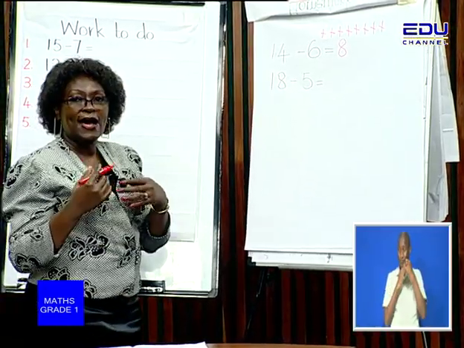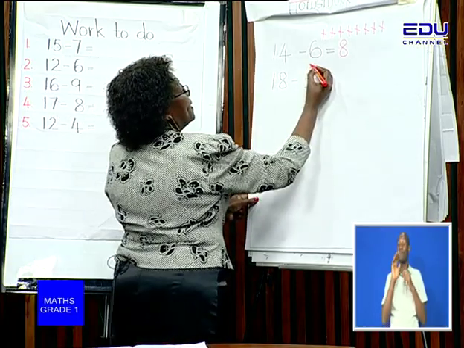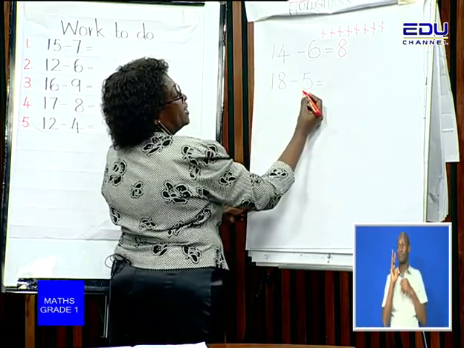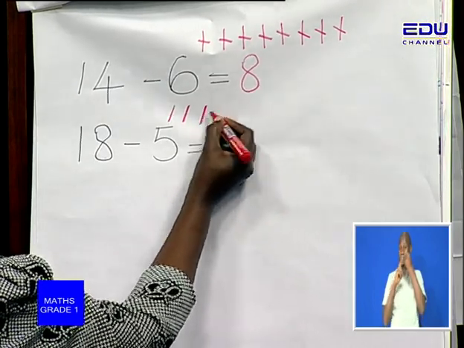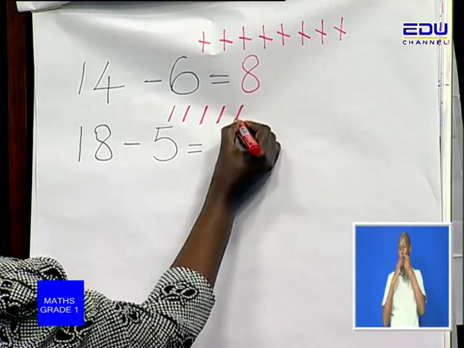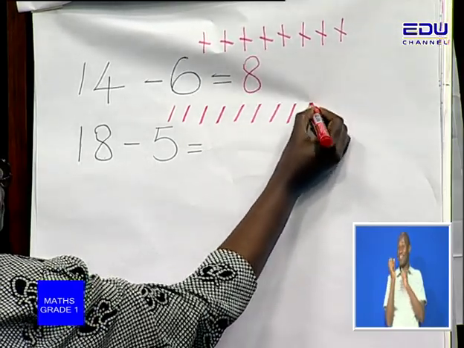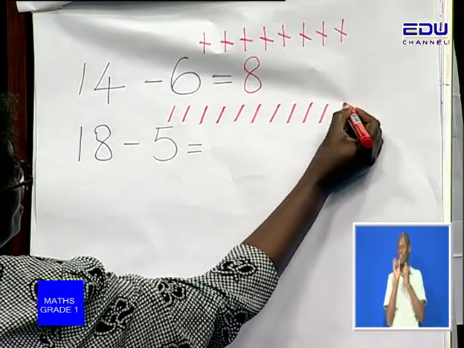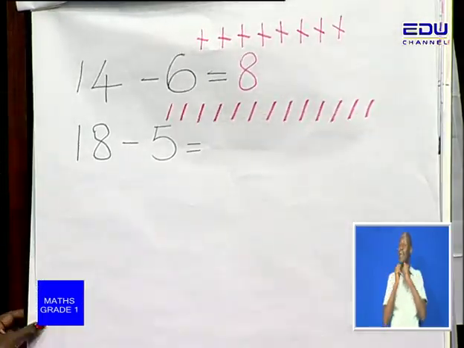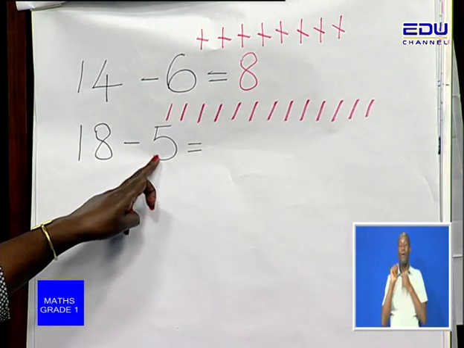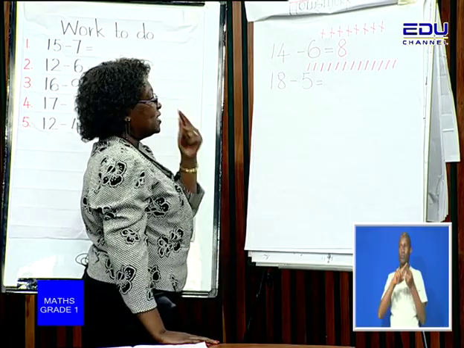From 5, I count up to 18: 5, 6, 7, 8, 9, 10, 11, 12, 13, 14, 15, 16, 17, 18.